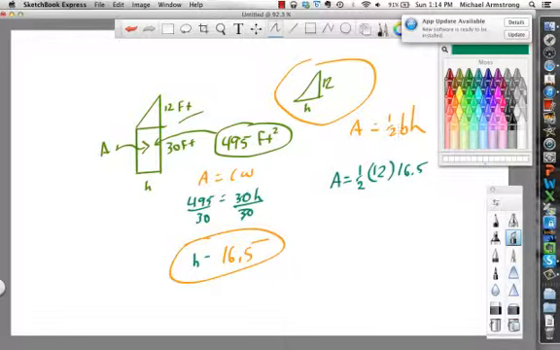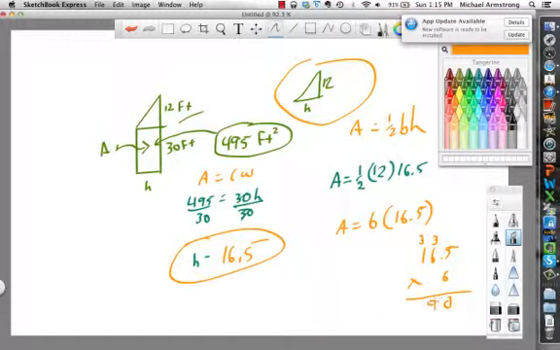Now I can immediately go straight to 1/2 times 12, and I know that half of 12 is 6. So area equals 6 times 16.5, and then that's just a multiplication problem. 6 times 5, 36, 39, 6, 7, 8, 9, and then I've got to remember to put the decimal in there, so 99.0. So area equals 99 feet squared for the little triangle, which is what they're looking for.